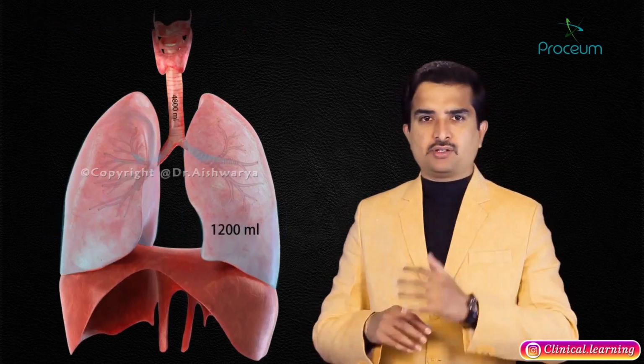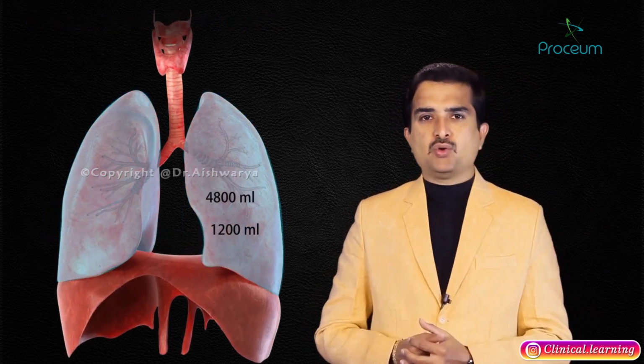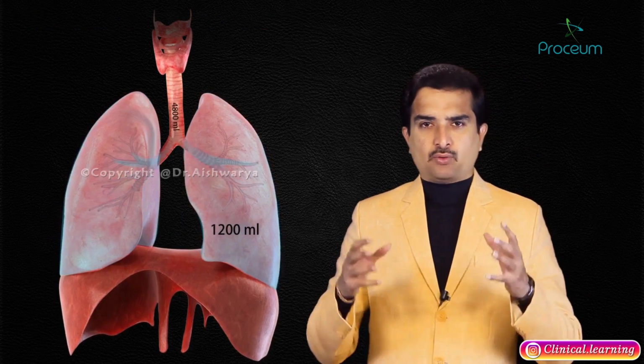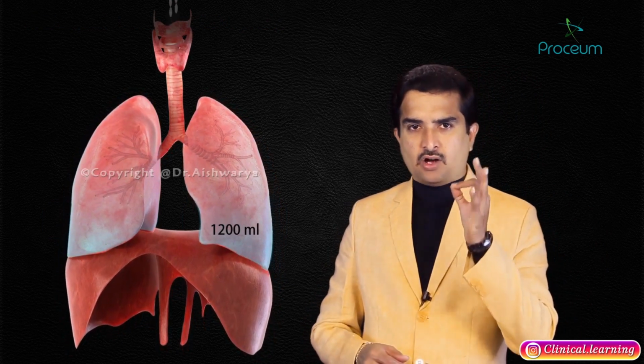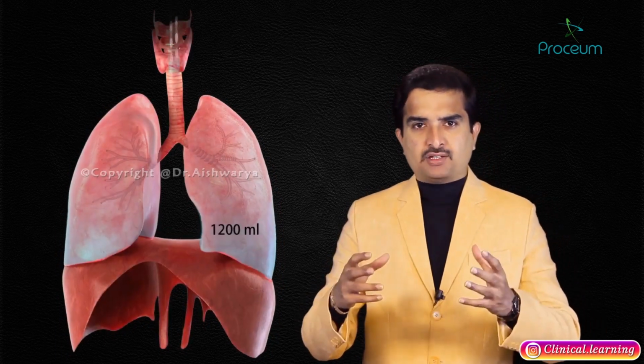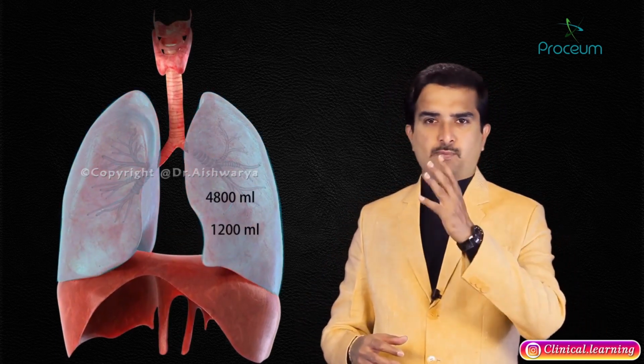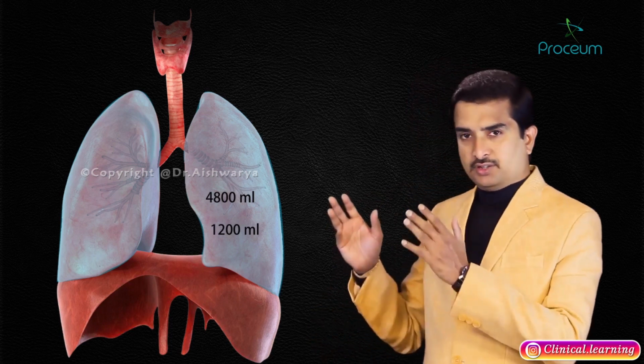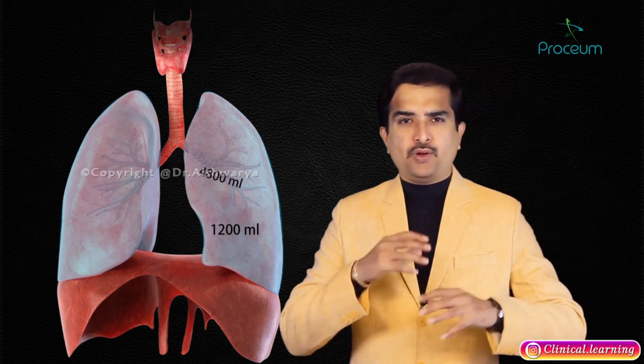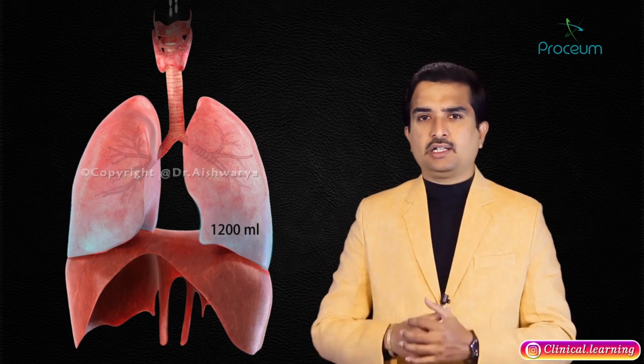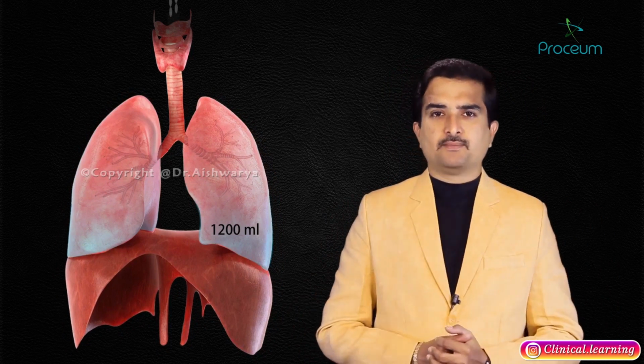The vital capacity starts with full inspiration and the patient blows out in a very slow and relaxed manner until the lungs are emptied. But the forced vital capacity also starts with full inspiration, after which the patient blows out very fast and hard until the lungs are completely empty.